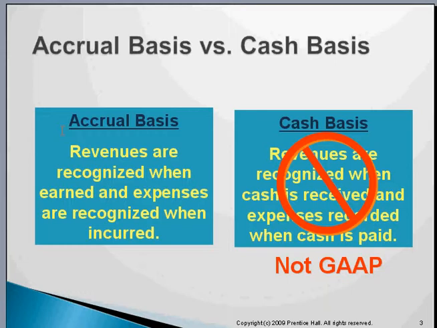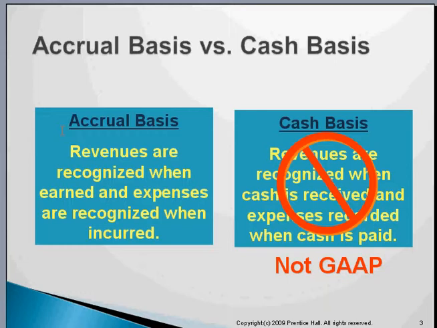Okay, so contrast that with the cash basis. Under the cash basis, revenues are recognized when cash is received and expenses are recorded when cash is paid. Now, if Jonathan Law Firm had been under the cash basis, they wouldn't have recognized any revenue until they subsequently collected the money.